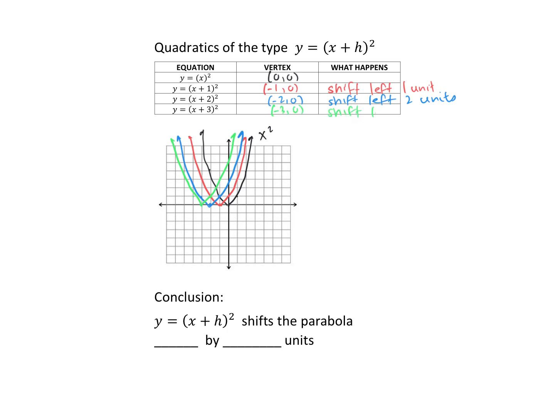So if we add a number to x and then square it, it actually shifts left, by h units, whatever the value of h is. These are all translations. A translation is a shift. We can shift it horizontally left.